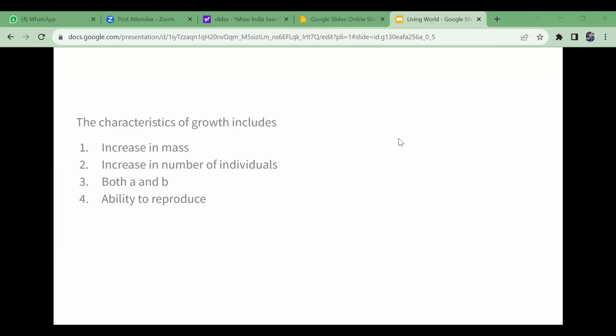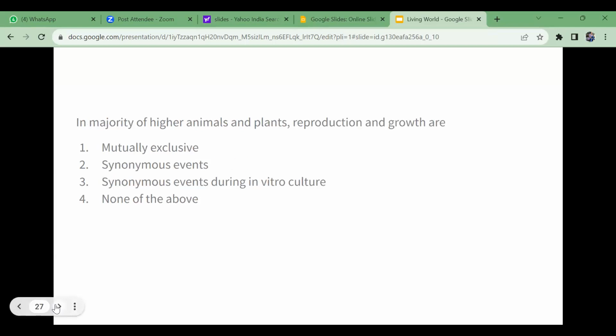Everybody is saying option 3 only. Okay. This one, in majority of the living animals and plants, reproduction and growth are higher animals and plants. This is also very easy. Answer for this? Okay. Everyone is right.